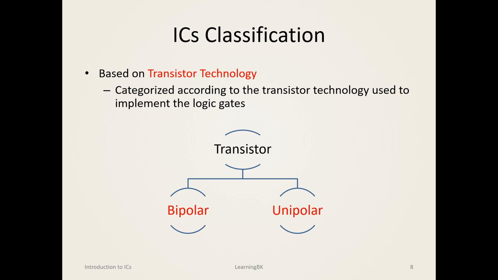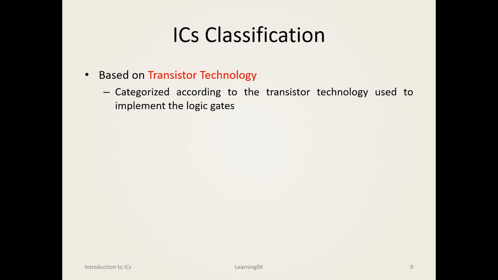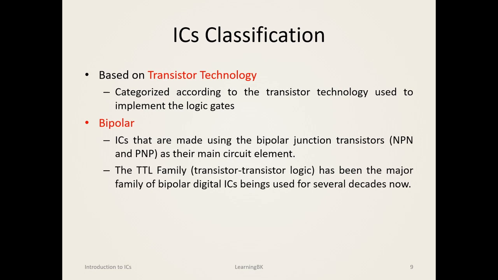Bipolar ICs have BJTs, or bipolar junction transistors, as their main circuit element. The classic TTL family, transistor-transistor logic, belongs to this bipolar IC configuration, and we will be using TTL family logic ICs to conduct our labs in this course.